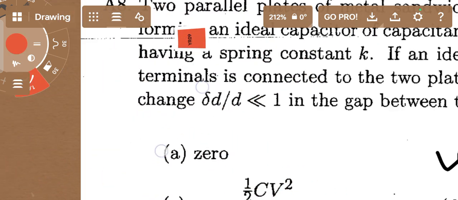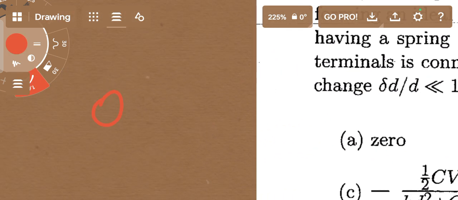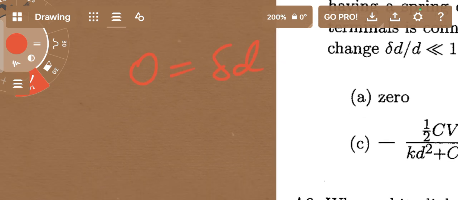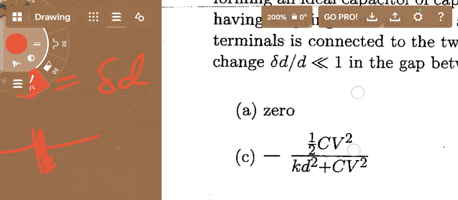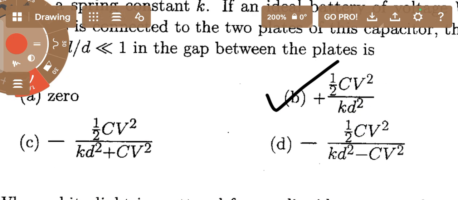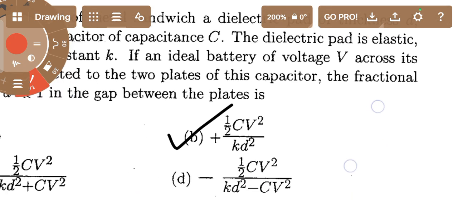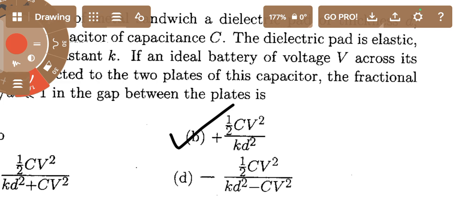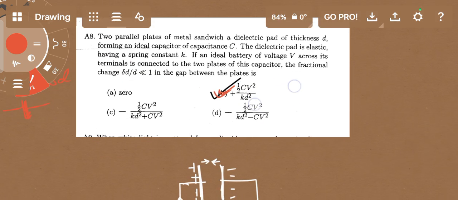Because if the differential change is absolutely 0, it will mean that there is no capacitance, it is behaving like a normal conductor. There is no gap between the plates. So for the capacitance to exist, there has to be a minimum difference. So option B will be the right option. Without calculating you can guess it, but the calculation is important.